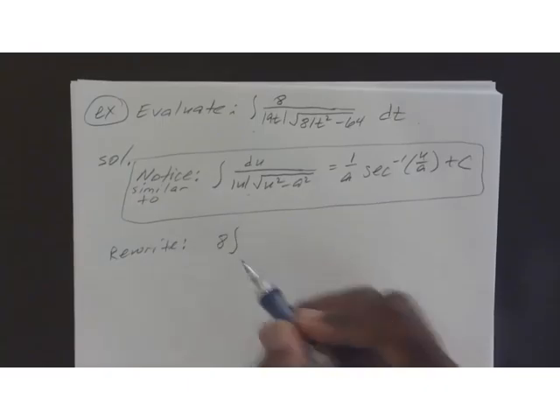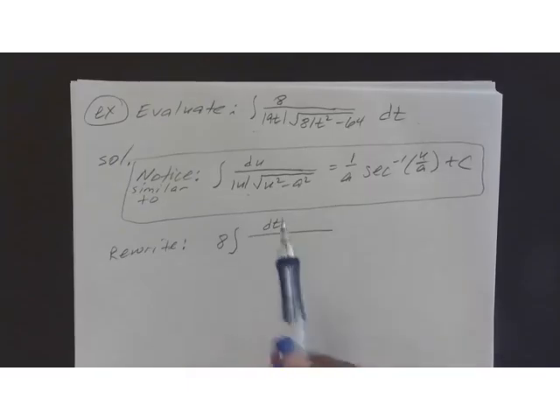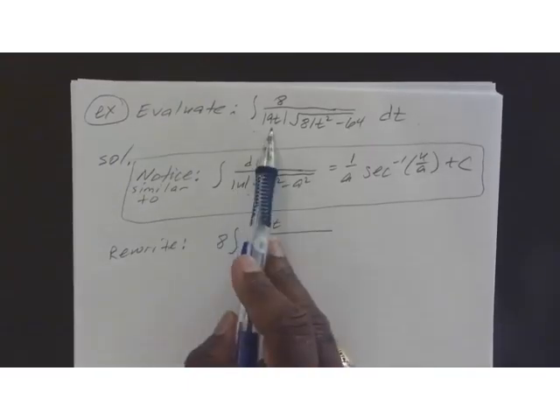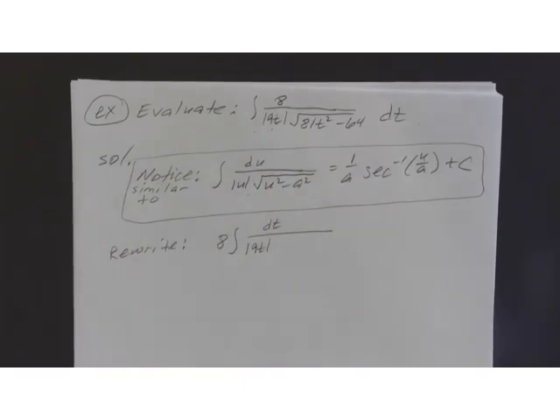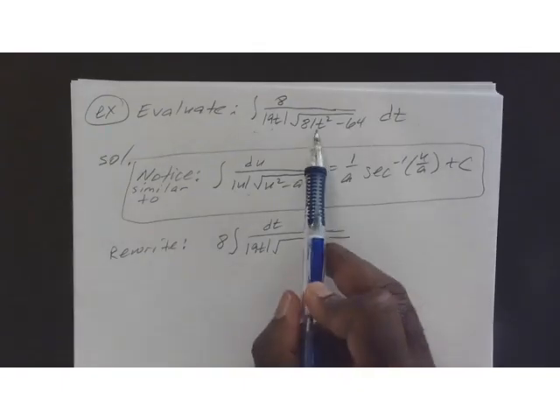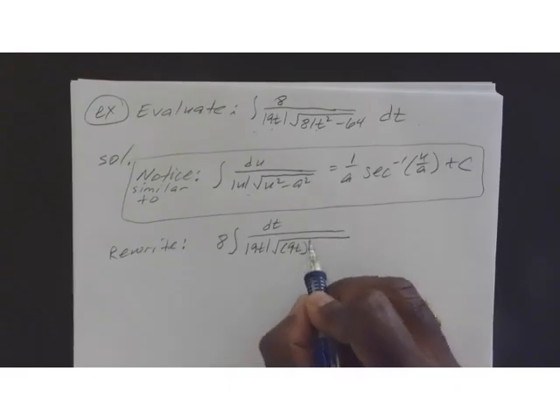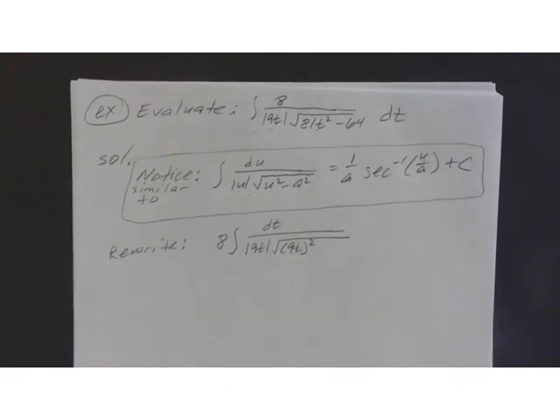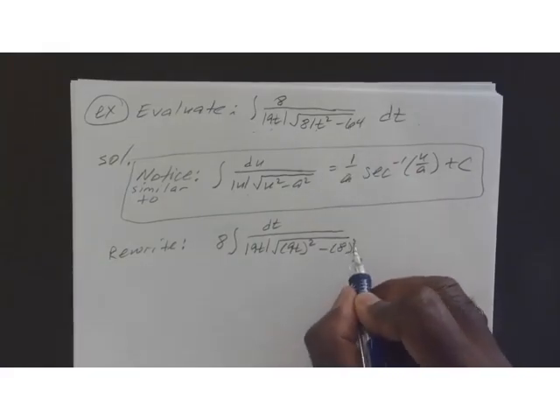So 8 times the integral of dt divided by the absolute value of 9t times the square root of 81t squared. We can rewrite that as 9t squared. Minus 64, we can rewrite that as minus 8 squared.